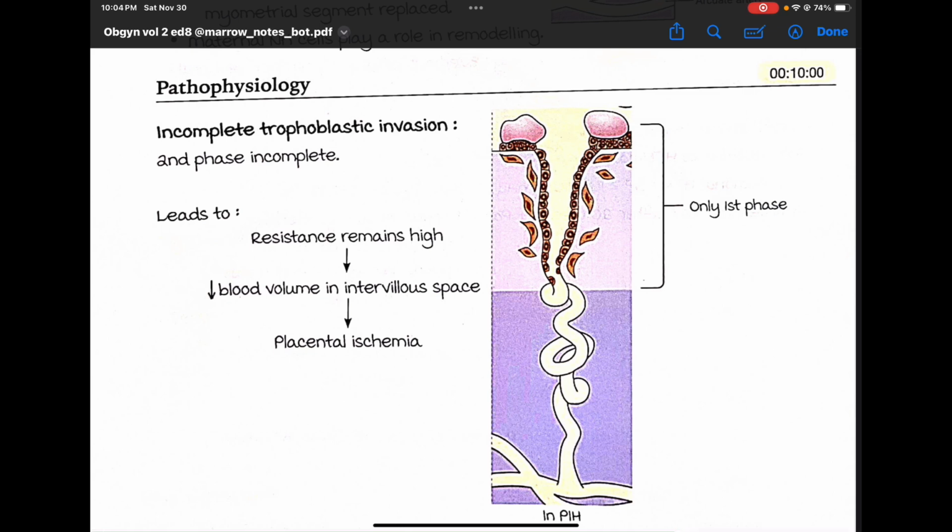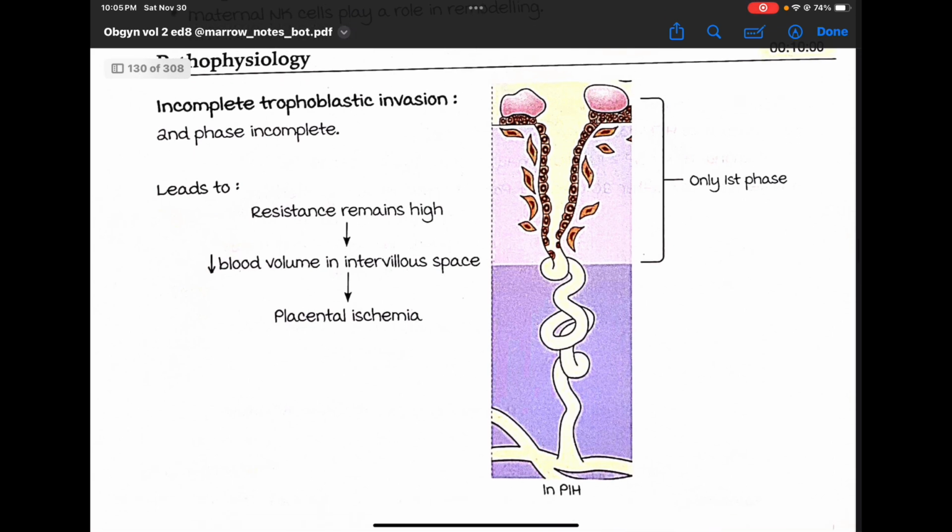In pregnancy induced hypertension, only the first phase occurs.